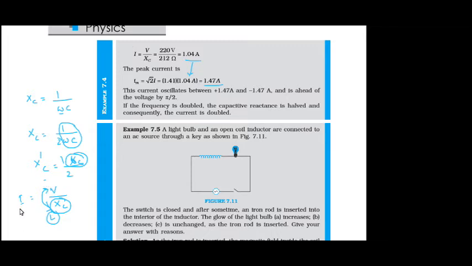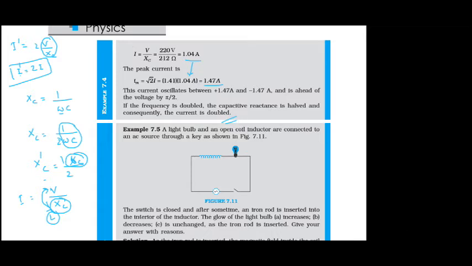So we can write I dash is equal to 2V by Xc. So V by Xc we can write as I, and I dash is equal to 2I. The current is doubled.